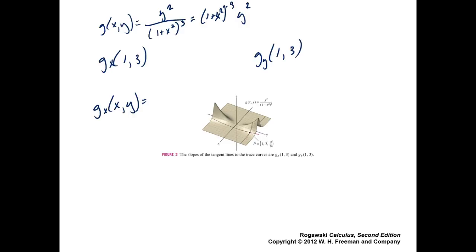If I can write it as a product rule with exponents, I'm going to do it that way. Now, with it written that way, can you give me an idea of what partial of g with respect to x is? Negative 3, (1 plus x squared) to the negative 4, times what?